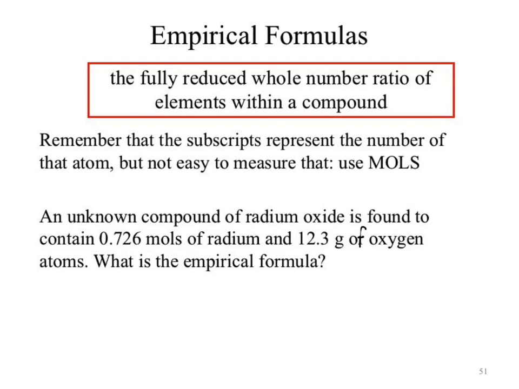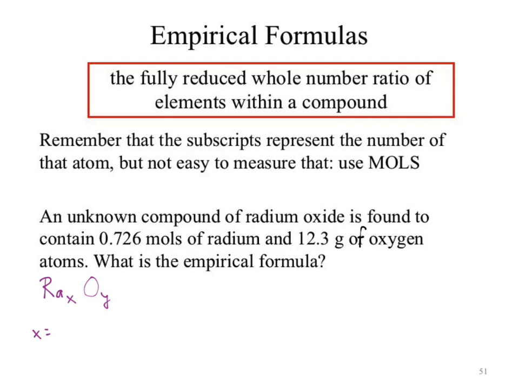Okay. So what are we combining here? What are we looking at? We've got radium, Ra, and oxygen, O. What are the moles of radium? Oh, and remember our formula, right? We're trying to solve for the x and y in our formula. They need to be in units of moles.